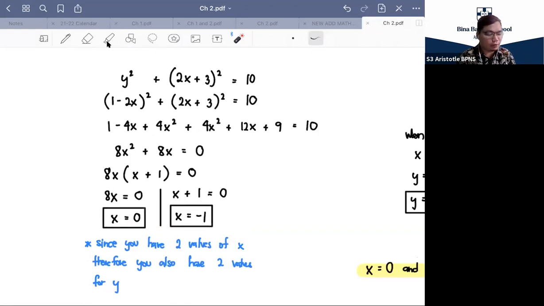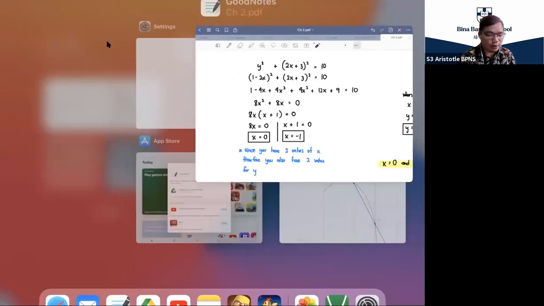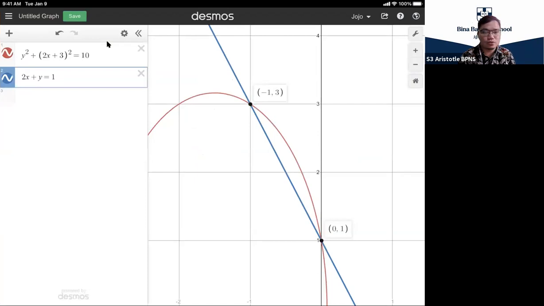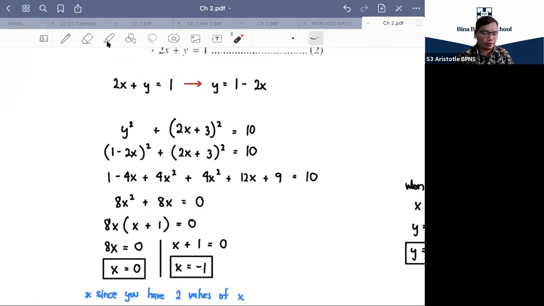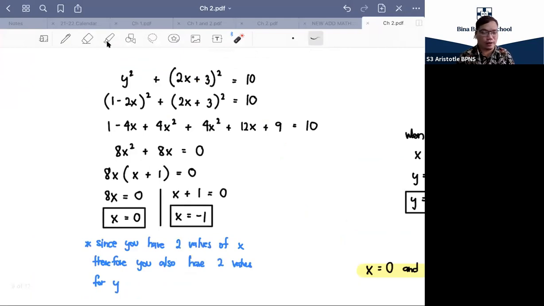So going back to Desmos, you have -1 and 0 as your x. So we have 0 and -1, so we are correct. Now, how do we solve for the values of y?